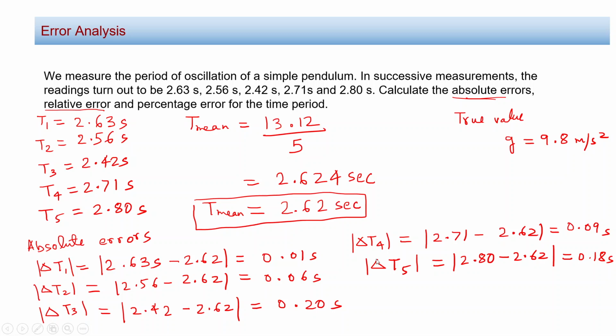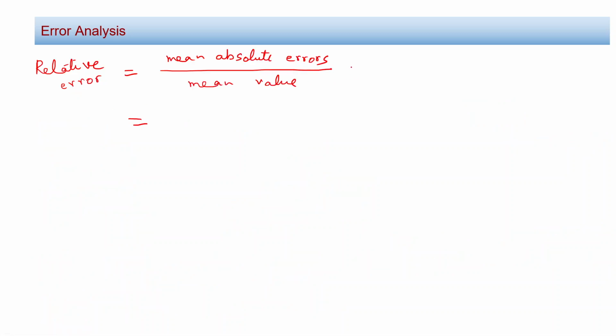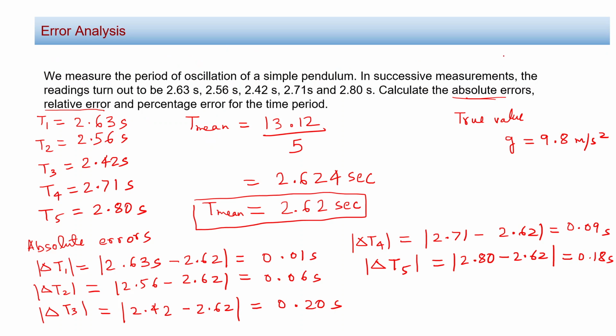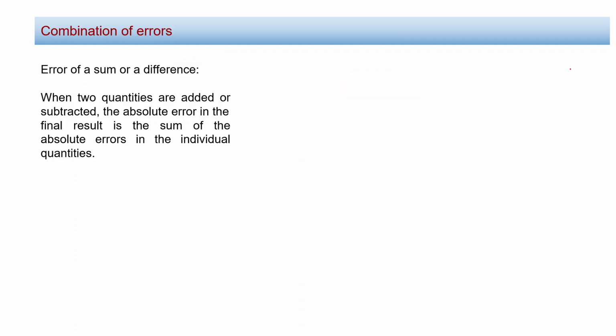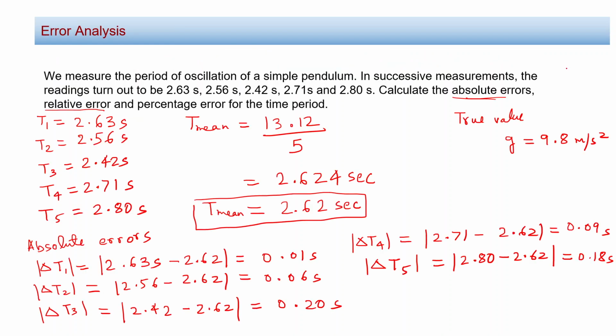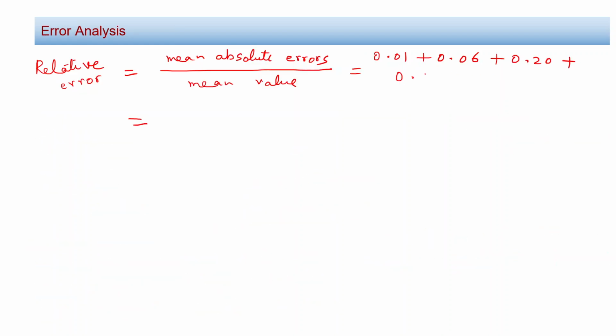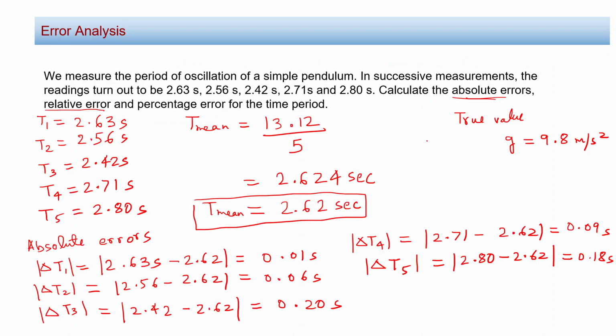So this is 0.01, 0.06, 0.20, 0.09, and 0.18. These are the absolute errors. We are taking the mean of it, and then the mean value we have already calculated, which is 2.62 seconds.